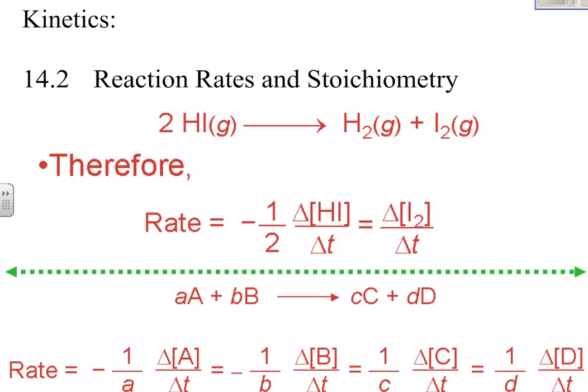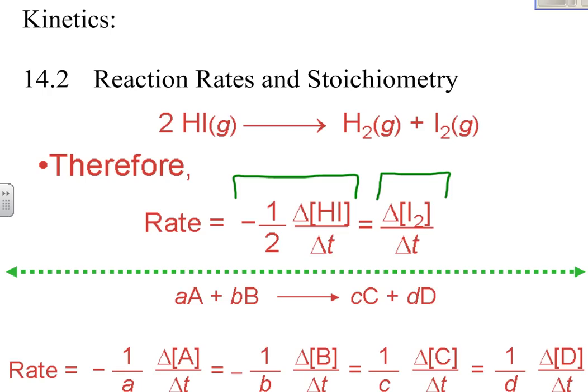So if we wanted to write the rate equation for this reaction, either in terms of the reactants or the products, we would simply take into account the stoichiometry of the reaction. So we would, by convention, use the coefficient in the equation to alter the magnitude of that rate.